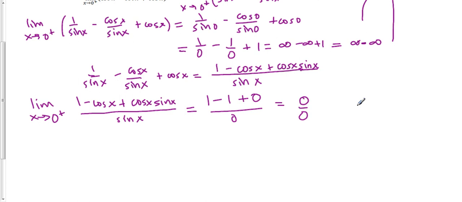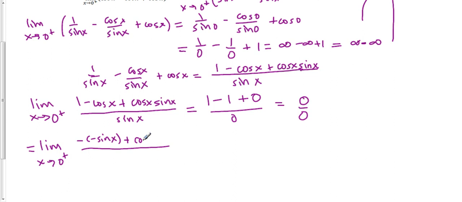And remember, with L'Hopital's rule, I take the limit that I have, and I'm going to take the derivative of the numerator and put it back in the numerator. So of course, the derivative of 1 is going to be 0. The derivative of cosine is going to be negative sine. And then I'm going to have to apply the product rule here to take my derivative.